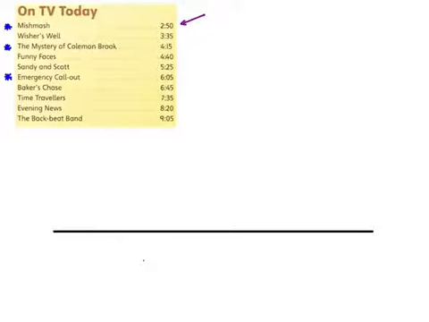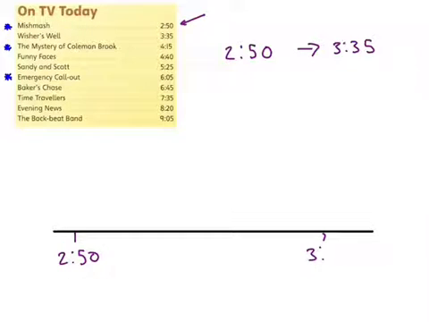It ends at 3:35. So it goes from 2:50 to 3:35. So to work out the duration, we write 2:50 and the end is 3:35.